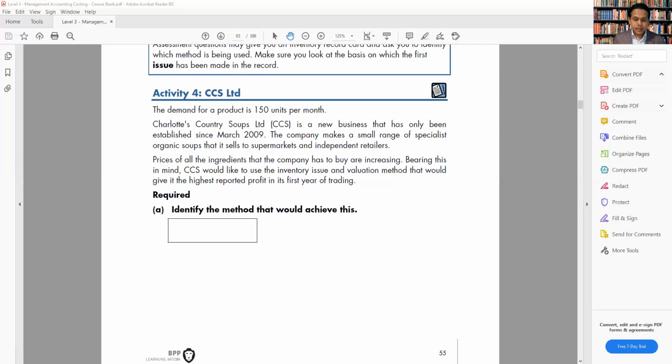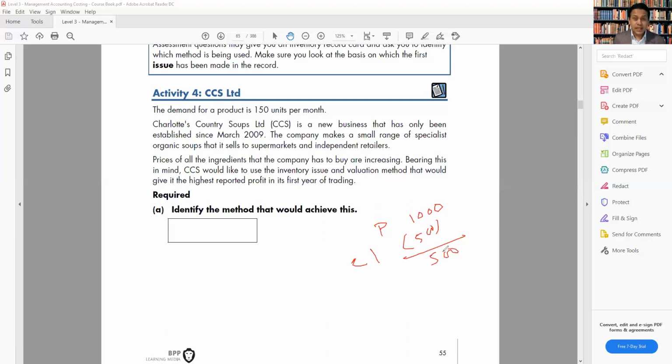For example, if your purchase is 1000 and your closing inventory is 500, you minus closing inventory from the cost, so you bring down your cost.